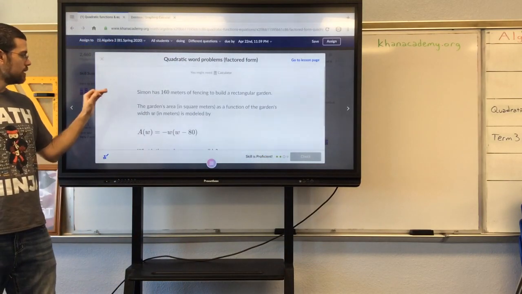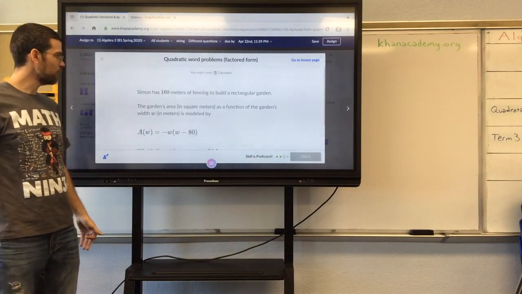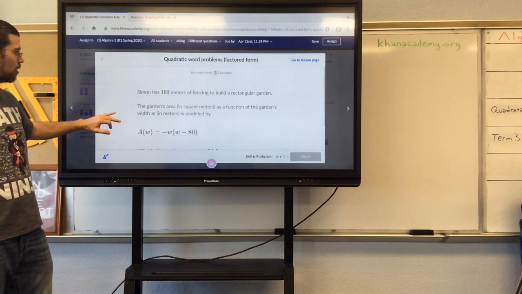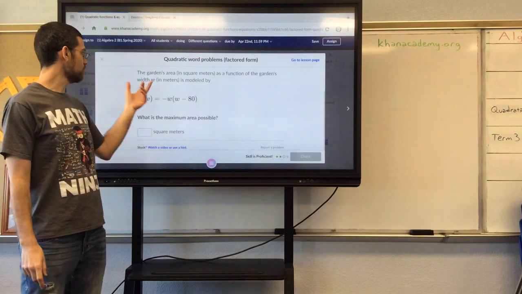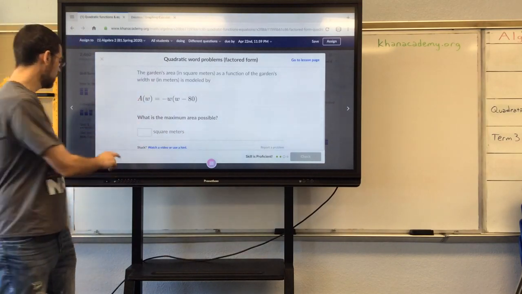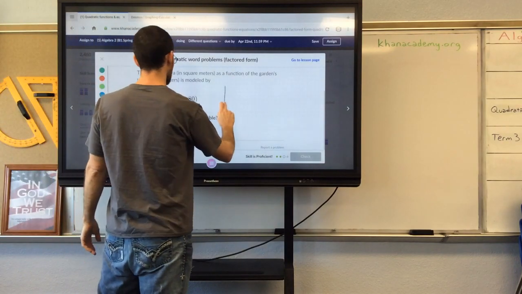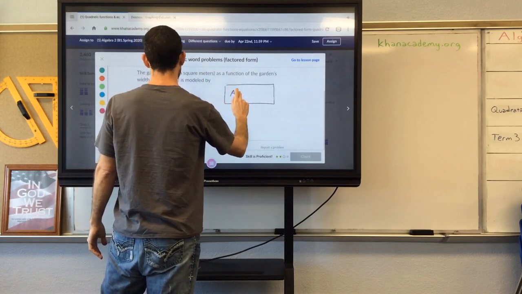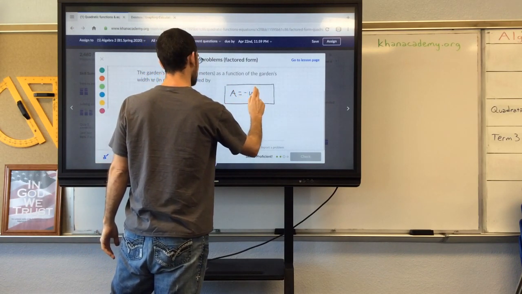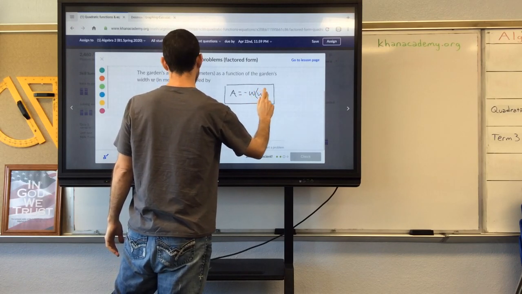All right. Simon has 160 meters of fencing to build a rectangular garden. The garden's area in square meters is a function of the garden's width. So that would look like this. Area equals -w times w minus 80.